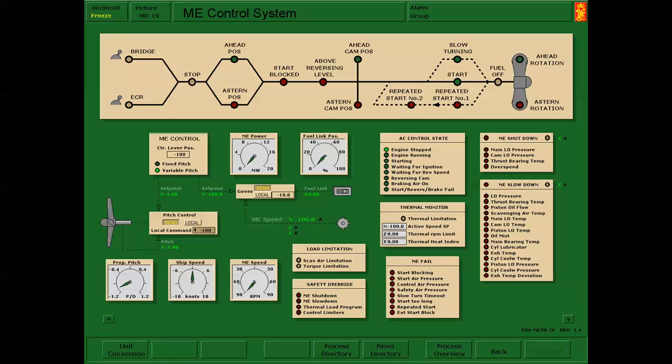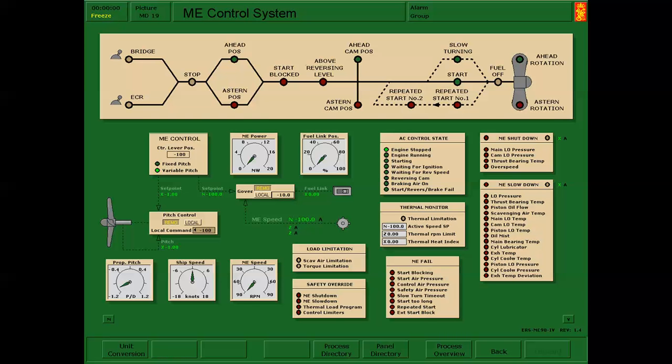Beside that you've got your cam in ahead and astern positions. This is very important with the Burmeister Wain. Each of the fuel links is switched from ahead to astern position by a pneumatic cylinder.